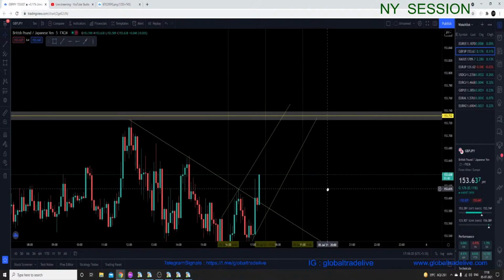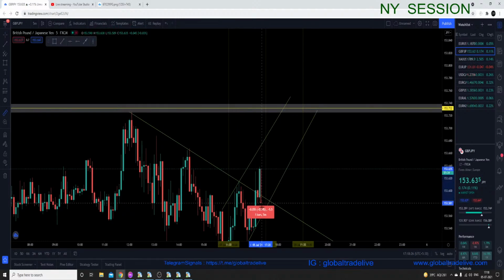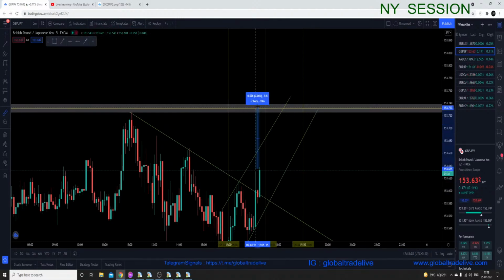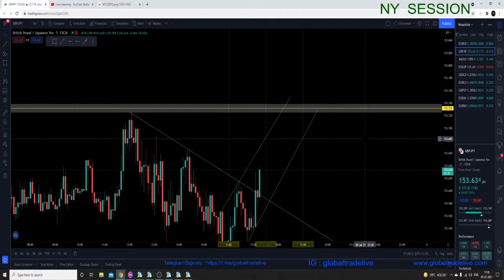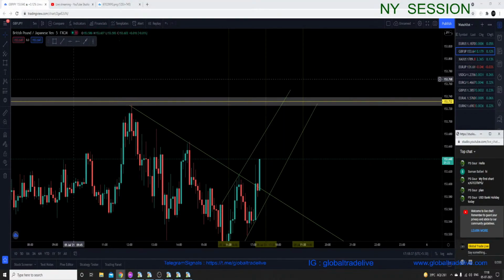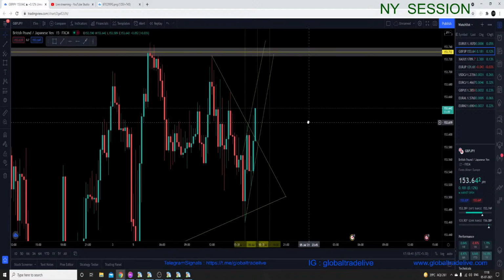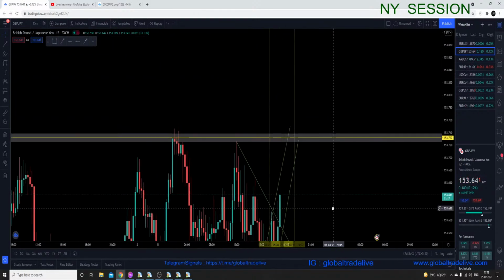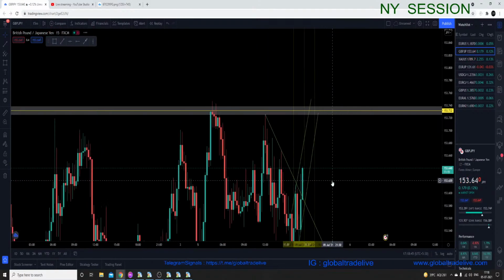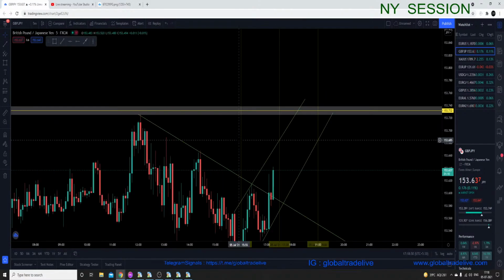Yeah, it's going up now. The range is really not there. The range is not there right now. So need to get some good information before executing the trade.